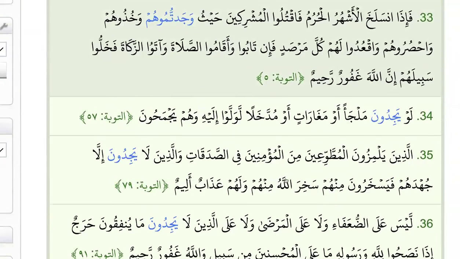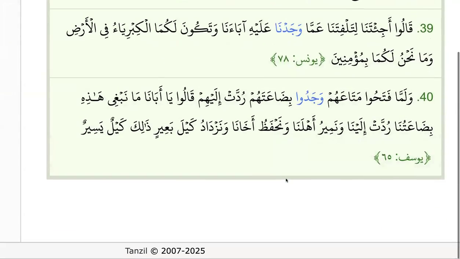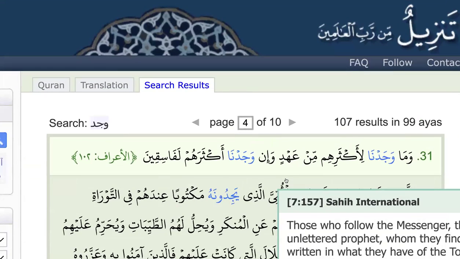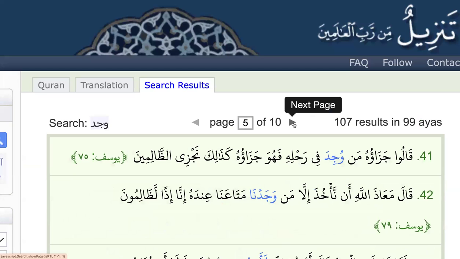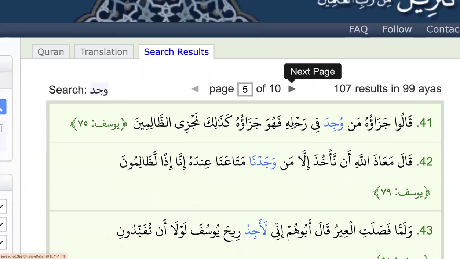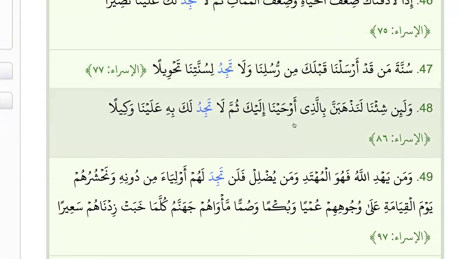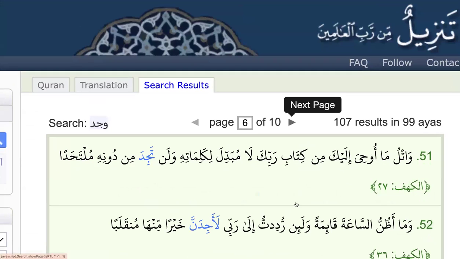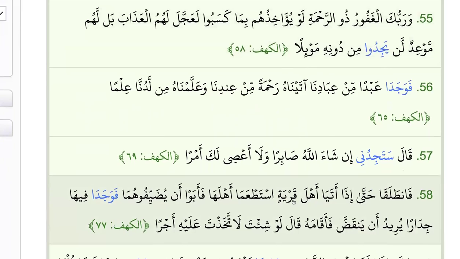What will be the masdar of this word if I put it in family 4? What will be the spelling of the masdar? Ijadun, right? It will be ijadun.